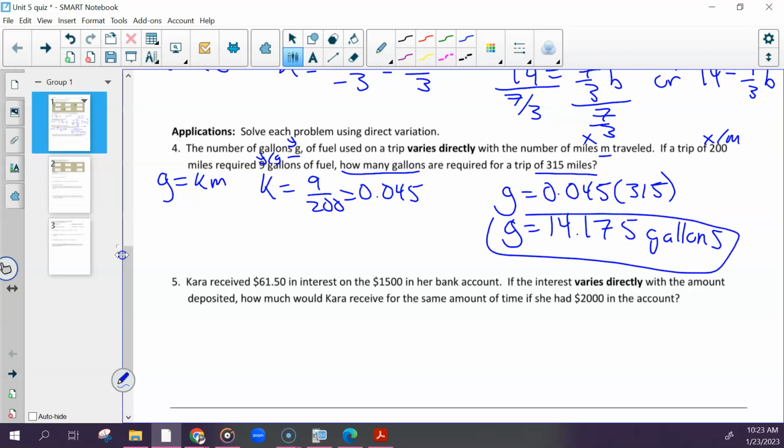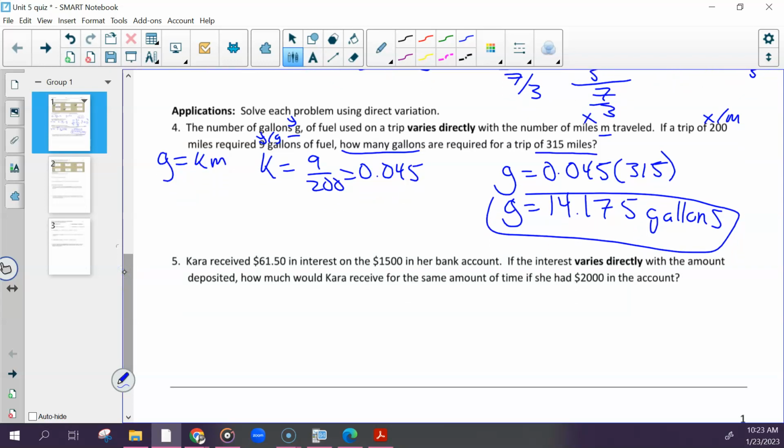And then you could have put 14.175, 14.18, or 14.2. Any of those were acceptable. Some of you are putting 14 point whatever g. G doesn't label this. Make sure you're actually putting gallons.